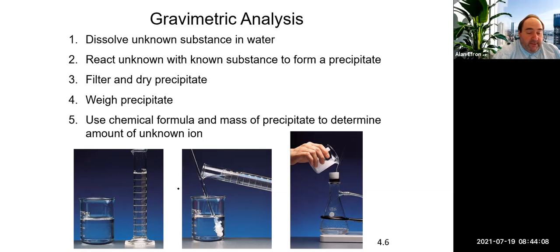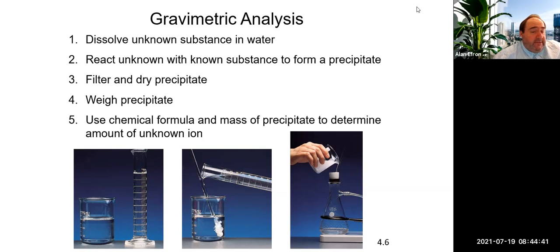One procedure is gravimetric analysis, which is what we see here in this problem. In the pictures on the bottom, gravimetric analysis basically is a process where you make a solid. So again, similar to that silver chloride empirical formula experiment where we had some silver, we added some acid to it, and we ended up making a solid. That's a very common procedure.